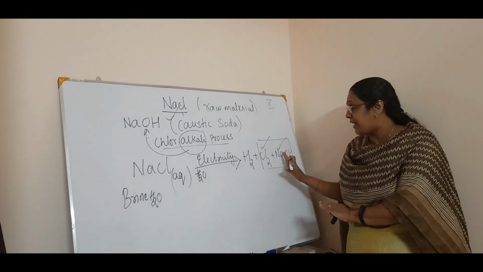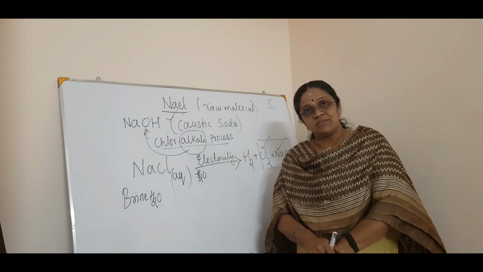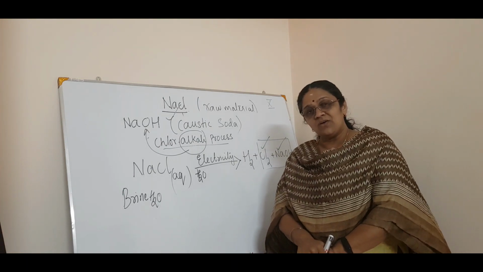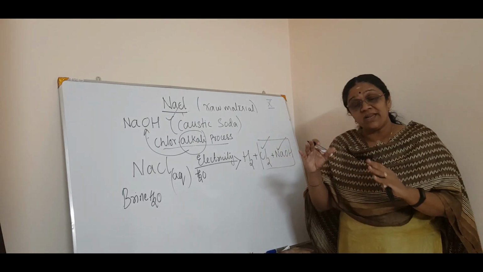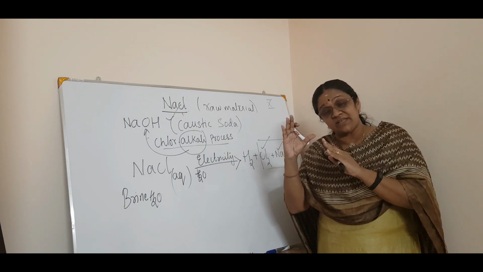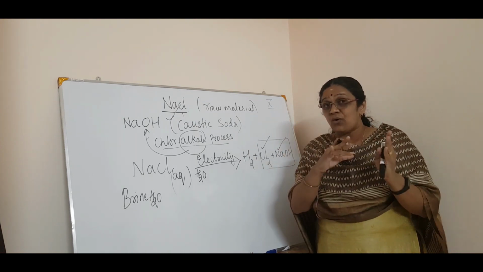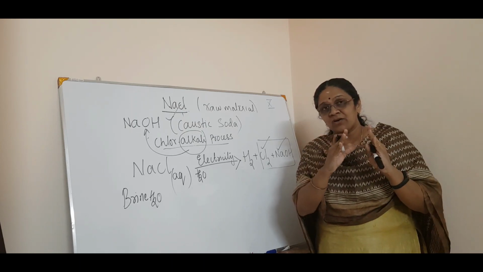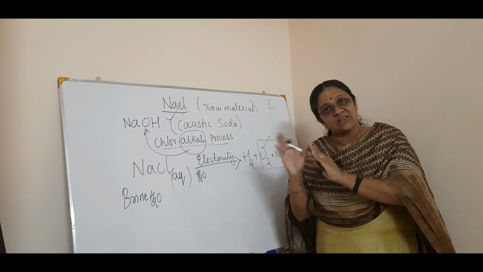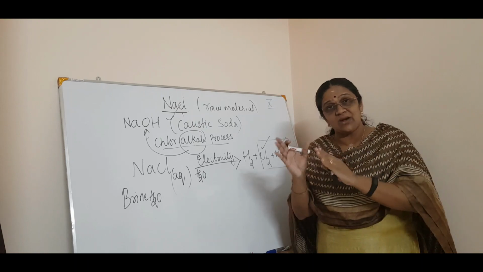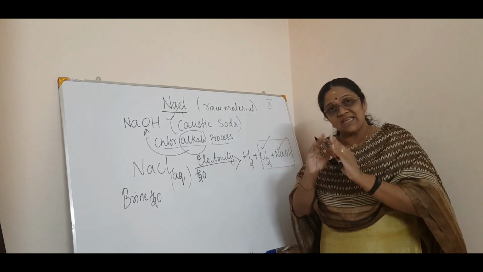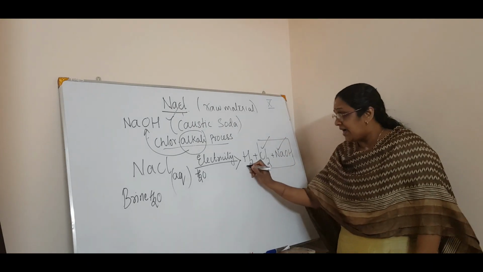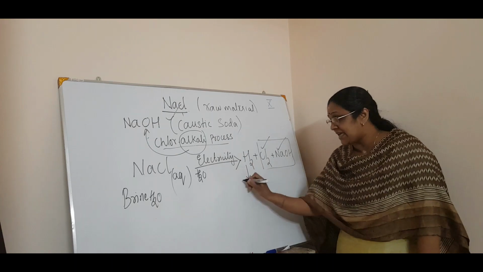Now the question is, where you studied electrolytic decomposition of water, there was an anode and cathode, right? Are you remembering? The carbon rod as anode and carbon rod as cathode. So there must be a cathode and anode in this reaction. In the same way, here the hydrogen is liberated at the cathode.